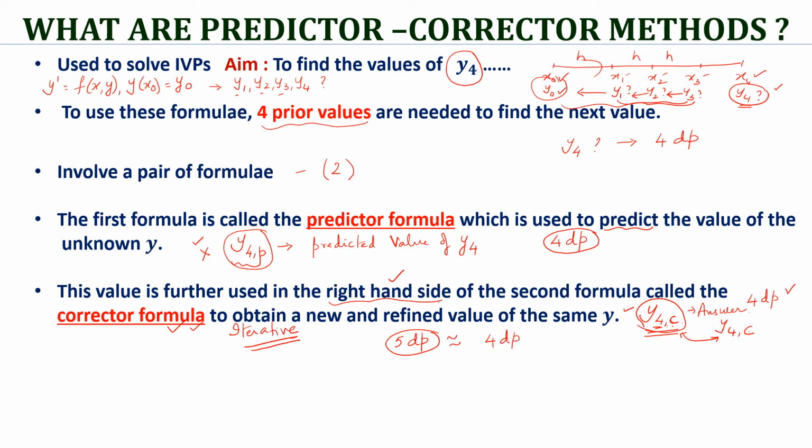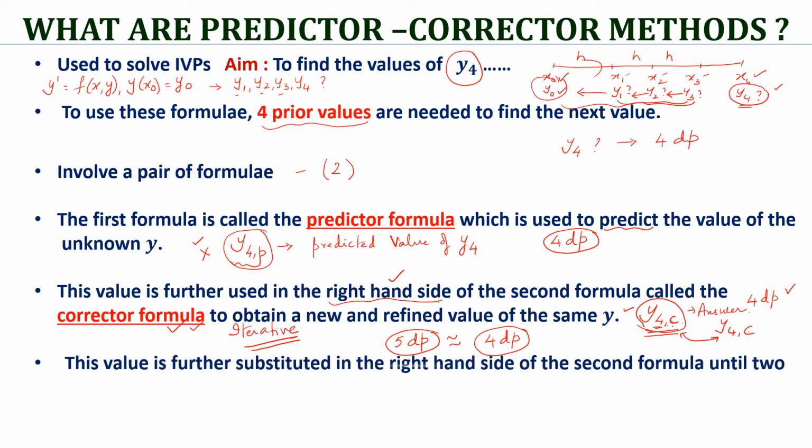So this is our aim. Understand till here that the predicted value is got directly, the corrected value is got by following an iterative process, and a repetition of the usage of the corrective formula will give us the final corrected value.